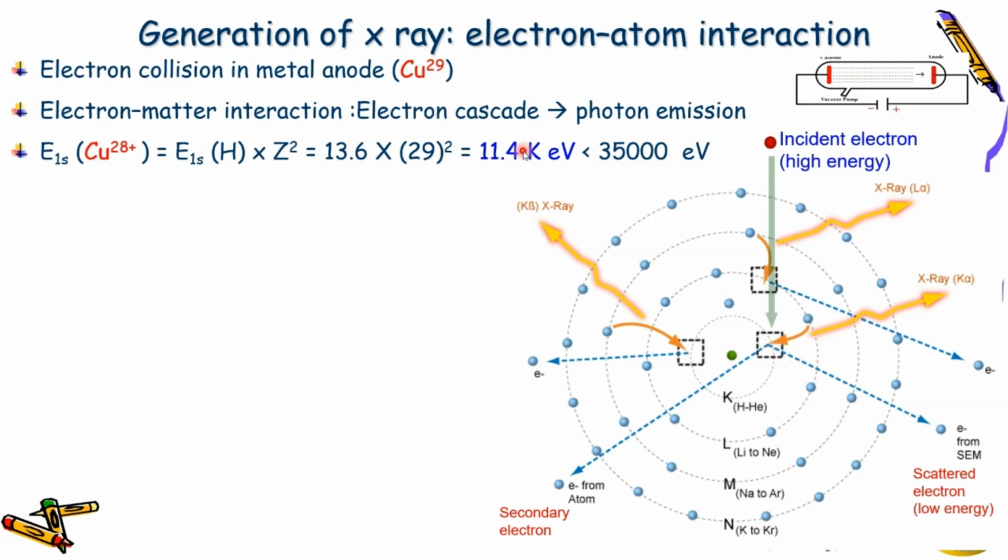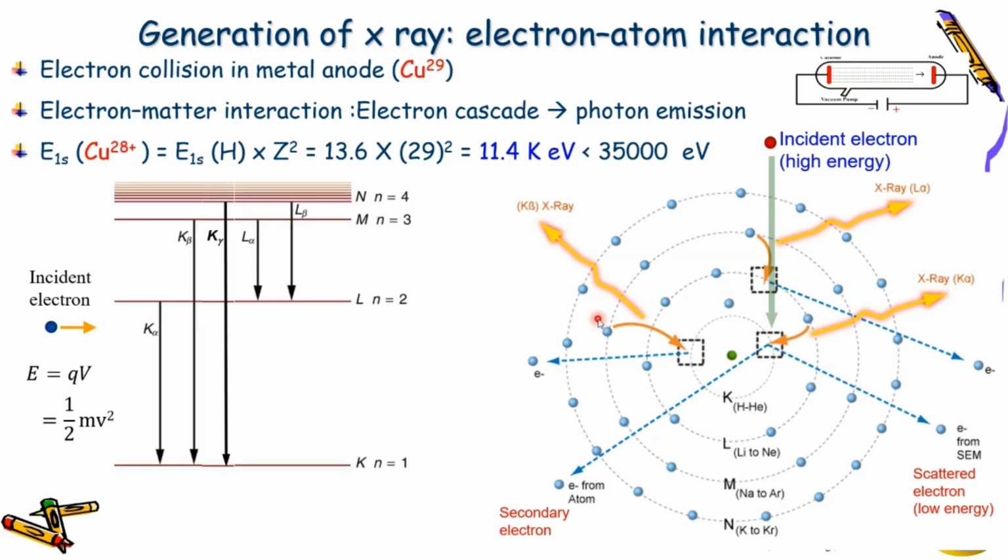So the X-ray can definitely take out the electrons from the inner shell, right? So what we understand is that the incident kinetic energy is about 0.5 times mass times velocity squared, and then there is energy exchange from this energy to this energy, right?